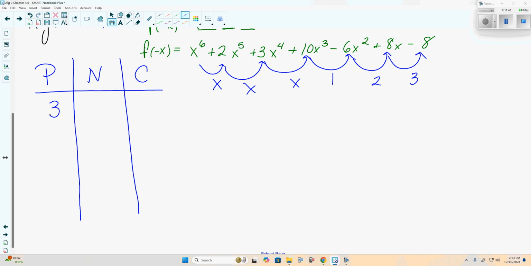The most negative numbers we could have is 3. What was the degree? How many solutions can we have? If I have 3 positives and 3 negatives, do I have all the solutions? Yeah. So the number of complex is 0 because all are accounted for.